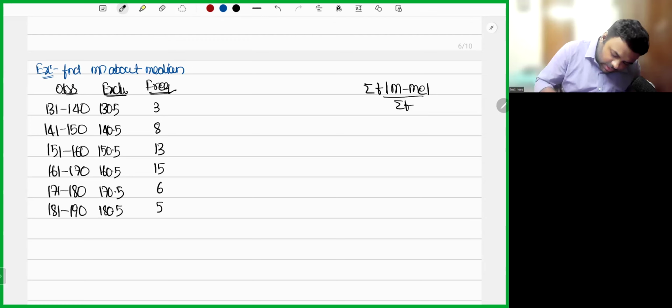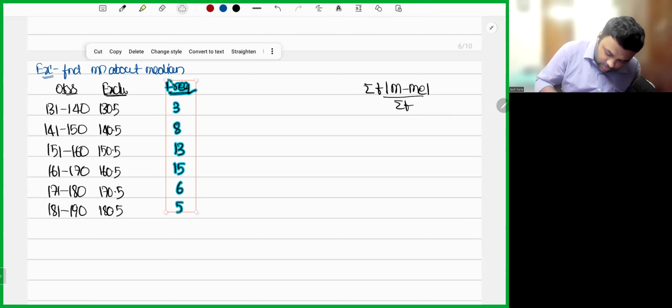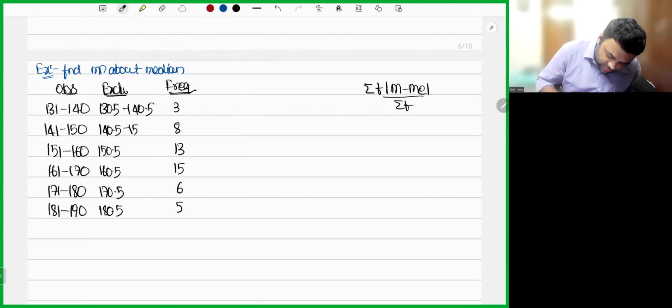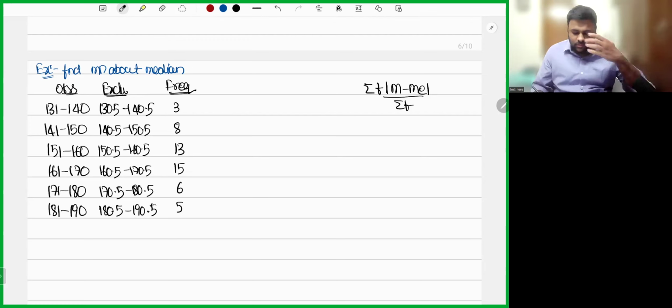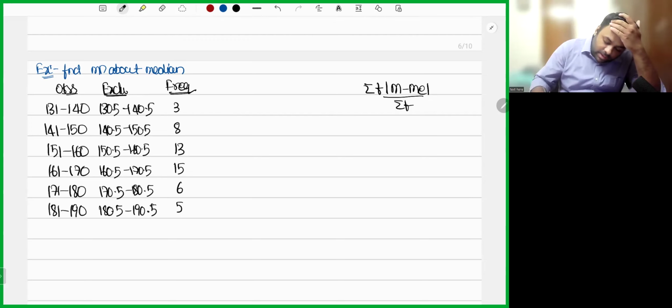All lower values minus 0.5, all upper values plus 0.5. So 140.5, 150.5, 160.5, 170.5, 180.5, 190.5. Okay. Now, first, my dear friends, let's compute the median.